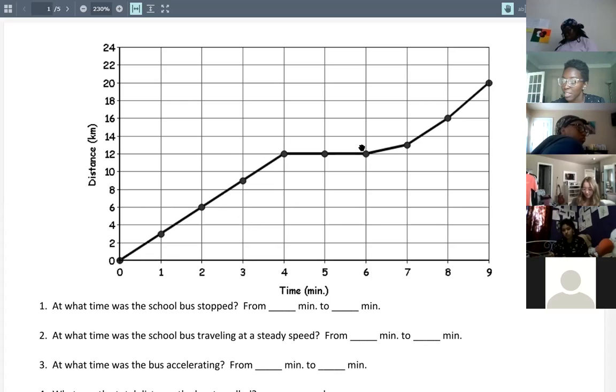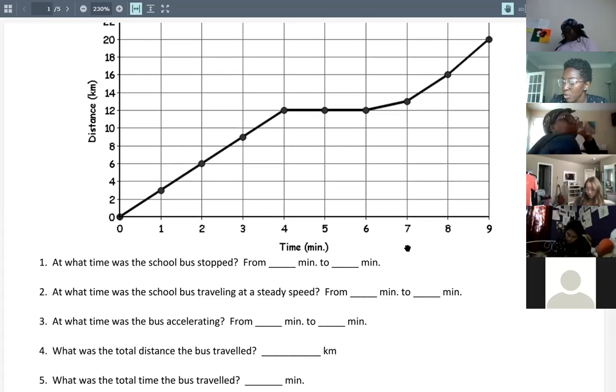What do you think that is? From what minutes to what minutes? Any guesses? 0 to 4. Very nice, 0 to 4. It is increasing at a steady rate, okay? So it's just a nice straight line. There's no curvature to it, okay? It's just nice and straight, all right?